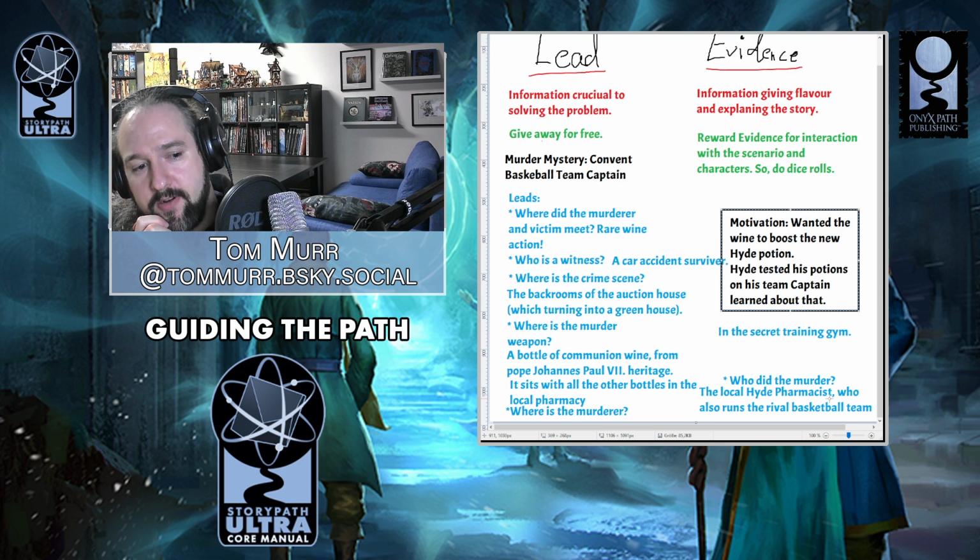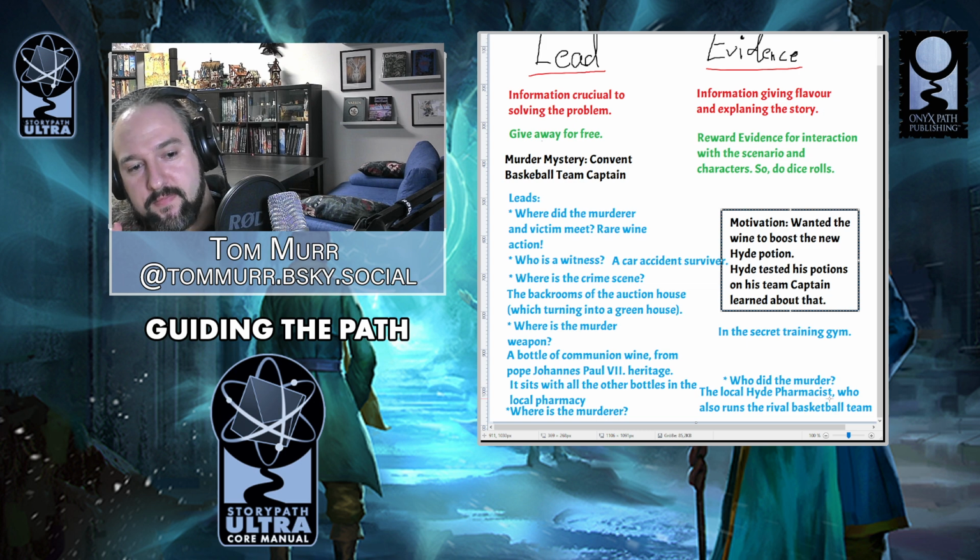Then our next question was, where's the murder weapon? And of course, it was a bottle of communion wine from Pope Johannes Paul VII heritage. And it sits with all the other bottles from that batch in the local pharmacy. Where's the murderer?